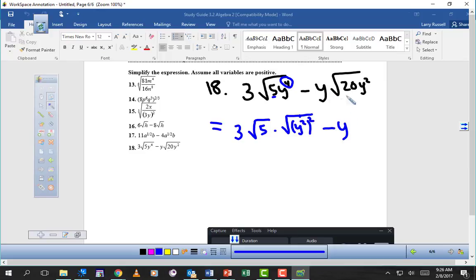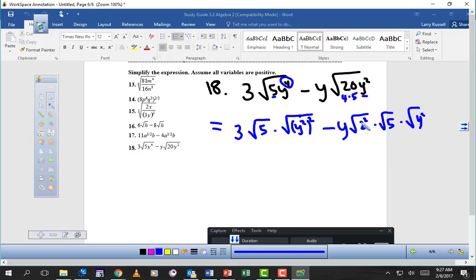And at the same time, I'm looking for some perfect squares here. Oh, well, there's a perfect square. And notice that 20 has 2 factors in it, one of which would be a perfect square, because it's 4 times 5, right? Well, I could rewrite the 4 as 2 squared. And then I could write square root of 5. And then I could write this as the square root of y squared.